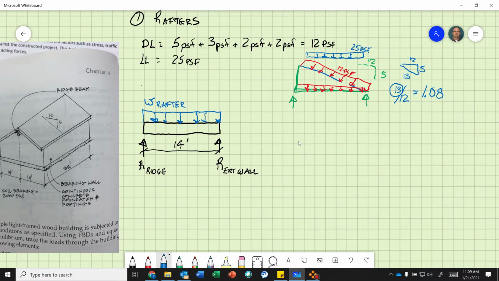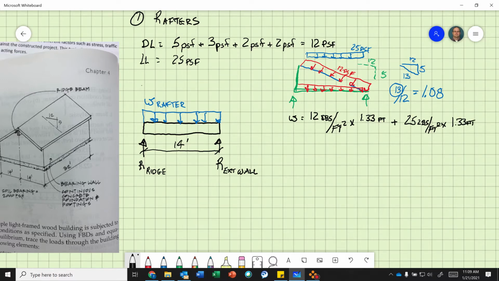Okay, so we go W equals, so we know we have 12 pounds per square foot times 16 inches is 1.33 feet, plus the snow load is already horizontal, 25 pounds per square foot times our rafter spacing, tributary width, 1.33 feet.